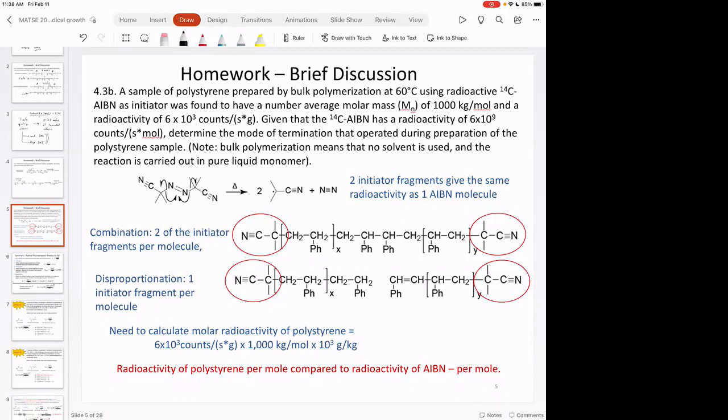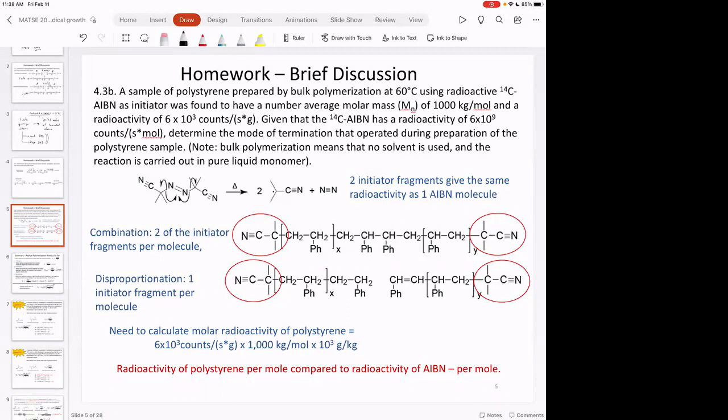Go ahead. So how do we know exactly which combination of this comparison should be used? Well, you have to figure out, based on the molar radioactivity of AIBN and the molar radioactivity of polystyrene, how do they compare?